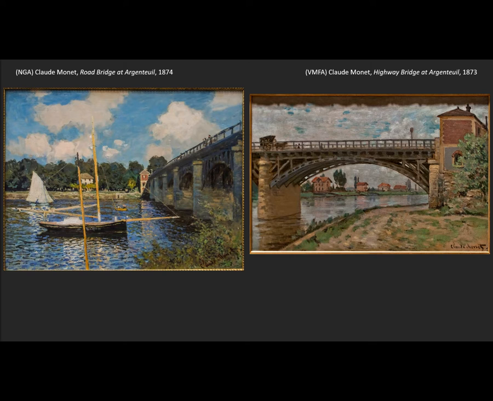So in this case, he's standing at the far end, on the opposite shore, on the opposite side of the bridge looking back. So he's kind of where we can't see in the National Gallery picture. In this one from Richmond, looking back across, you can see it's slightly more realistic in the colors, a little bit less, but at the same time, it's cloudier. He wants to capture what the light looks like, what the color looks like at that point.